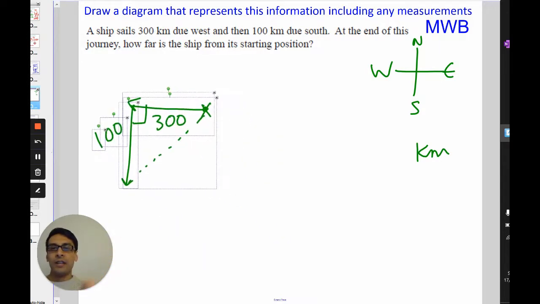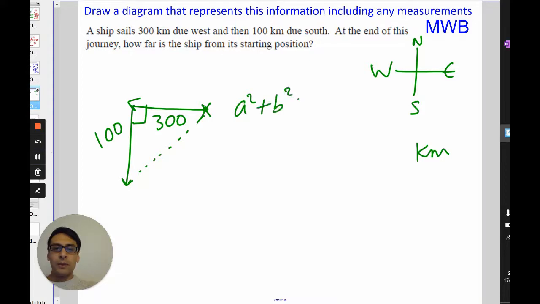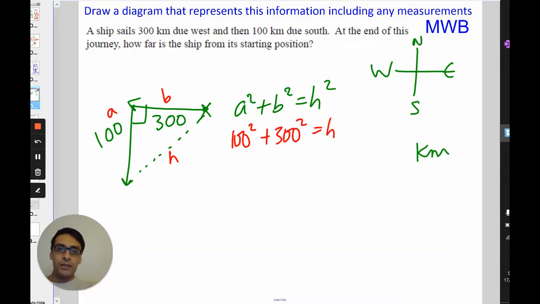Okay, so here you're just going to do A squared plus B squared equals H squared. And then we can label everything here. So the hypotenuse is actually what we're finding. And then we can call this A and we'll call this B. I'm just going to keep that neat though. So let's just call this H, A, B. So 100 squared plus 300 squared equals H squared.